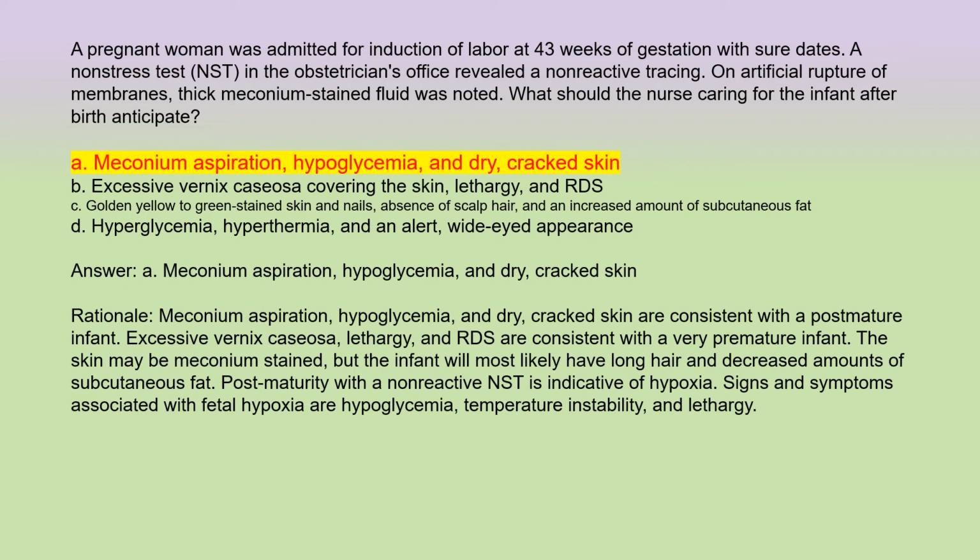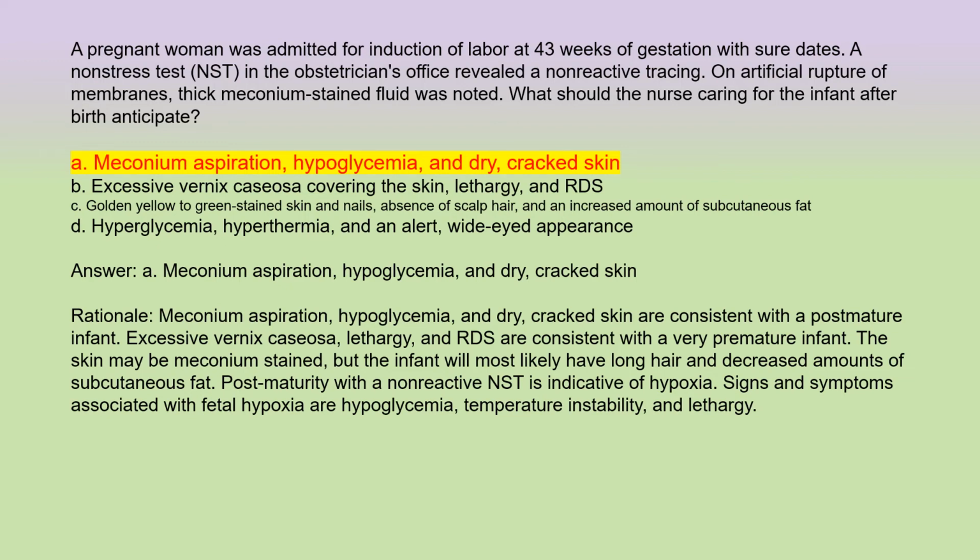Answer. A. Meconium aspiration, hypoglycemia, and dry, cracked skin. Rationale. Meconium aspiration, hypoglycemia, and dry, cracked skin are consistent with a postmature infant. Excessive vernix caseosa, lethargy, and RDS are consistent with a very premature infant.